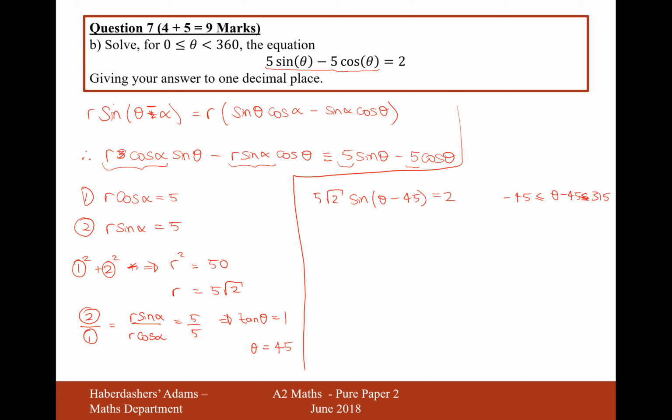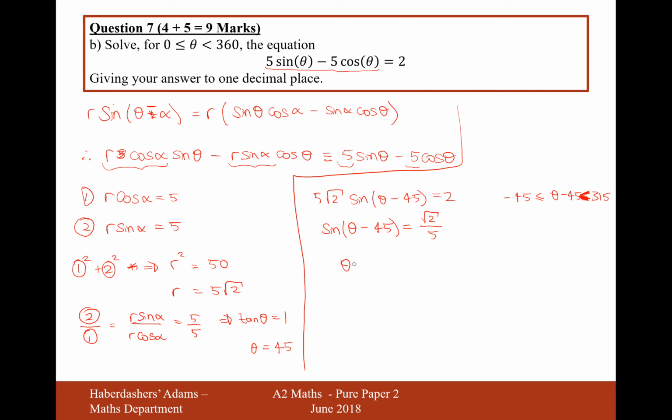Okay, let's now divide by 5 root 2 onto the other side. So we're then going to have sine of theta minus 45 equals 2 divided by 5 root 2. So that's going to be root 2 over 5.